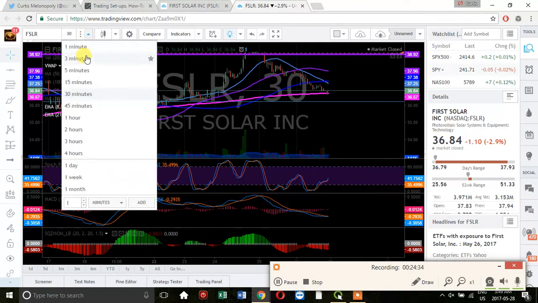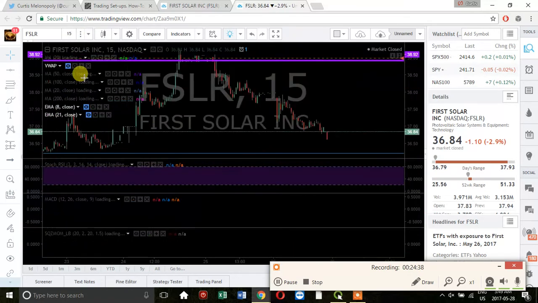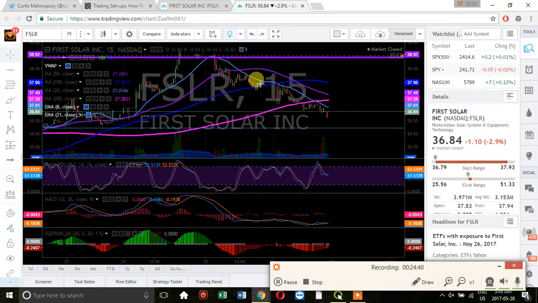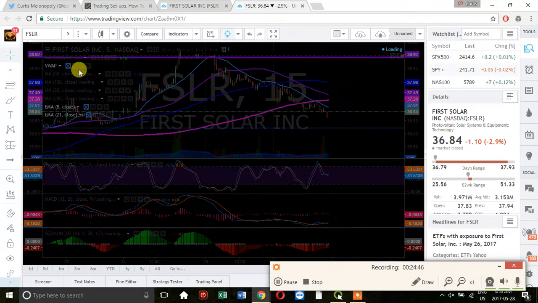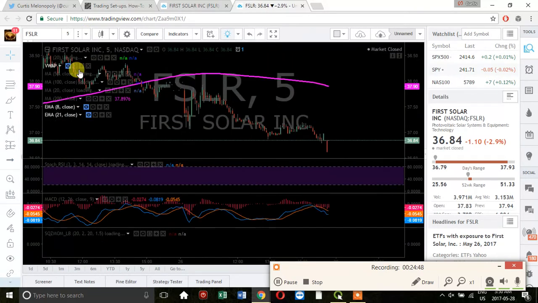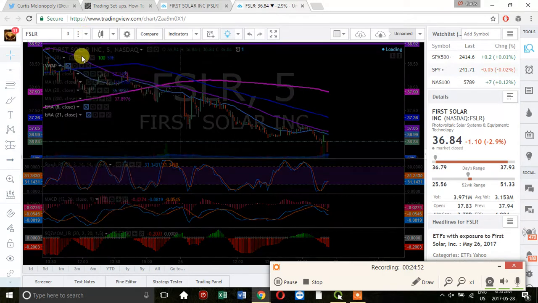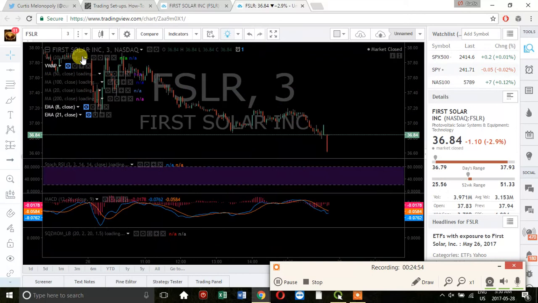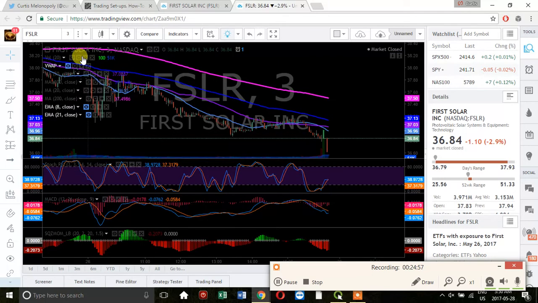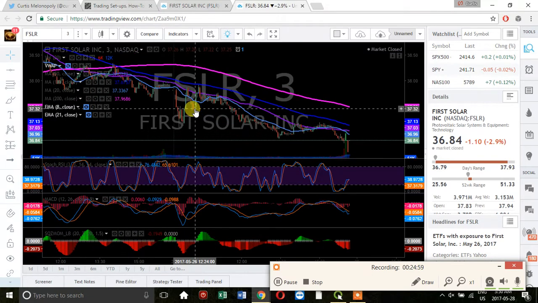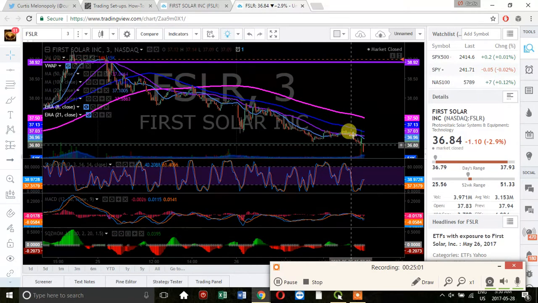And then you come down a little more, on the 15 minute, it's completely lost its MAs. And then down to the 5 minute. So it's bearish on a short, tight time frame. Wider time frame, it's not, right? So on the daily, it's much better. So the timing in this trade is not great yet.